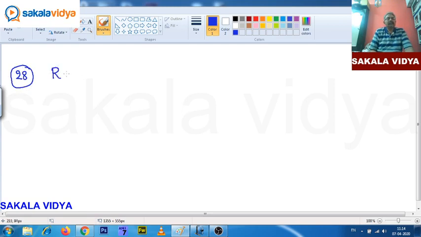Range of sin x to the power of 6 plus cos x to the power of 6 is.